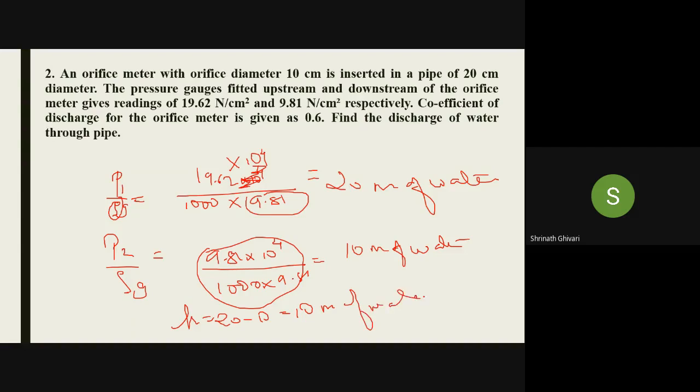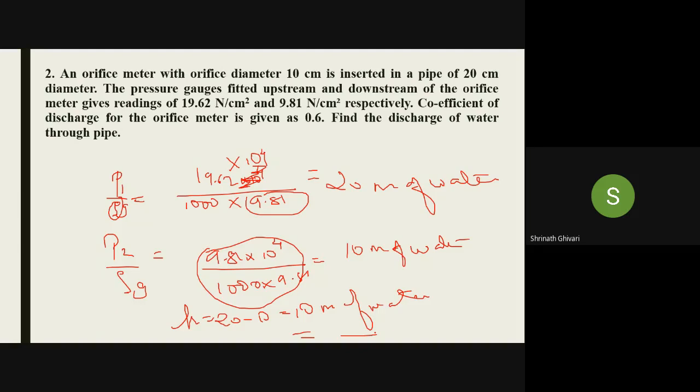Okay. Now I have taken everything in terms of centimeter, so just convert this 10 meter into centimeter of water. How much will it be? 1 meter equal to 100 centimeter, right? So what will 10 meter be equal to? 10 into 100, right?